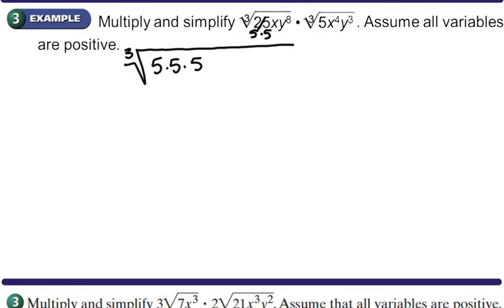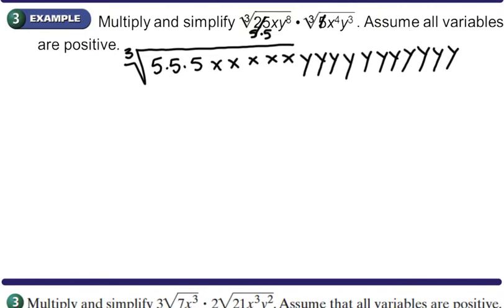So now we've taken care of this, and we've taken care of that. There's 1 x on the left. There are 4 on the right side. And then there's 8 y's, 1, 2, 3, 4, 5, 6, 7, 8. And then there's 3 over here, 1, 2, 3.